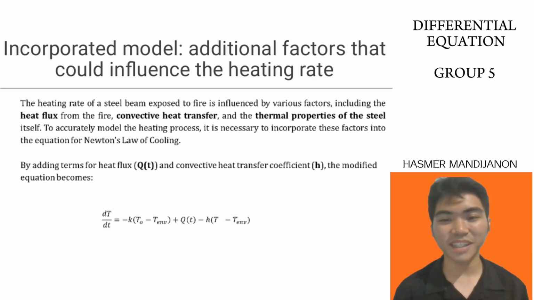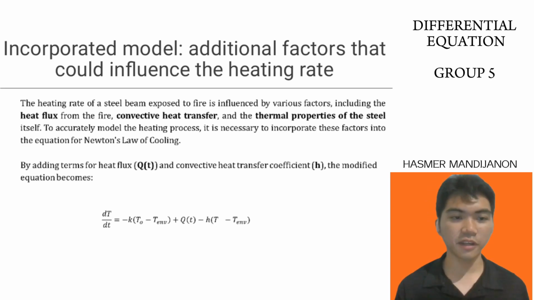I am Hasmer Khalil A. Madihanon. The heating rate of a steel beam exposed to fire is influenced by various factors, including the heat flux from the fire and convective heat transfer. To accurately model the heating process, it is necessary to incorporate these factors into the equation for Newton's law of cooling.